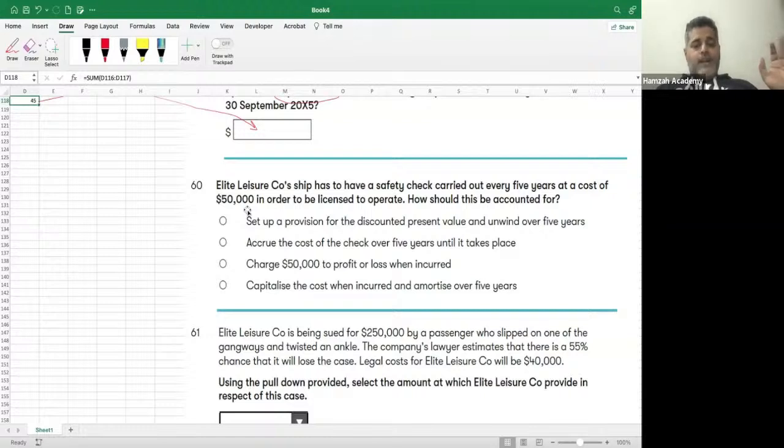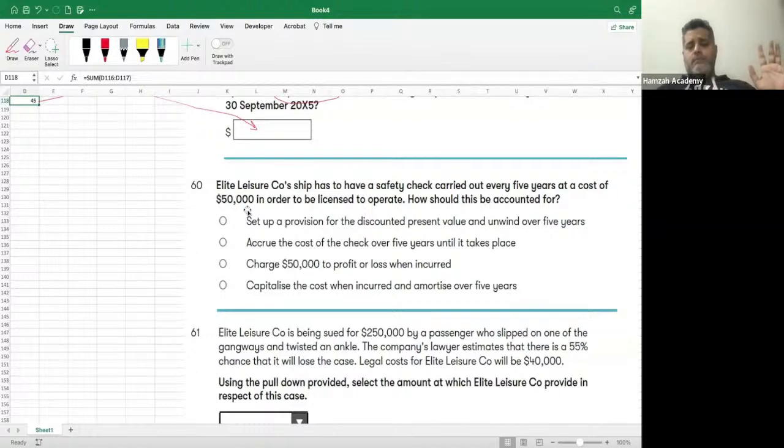Long story cut short, if you want to create a provision, then the event has to be from the past, or it has to relate to the past. Otherwise, you cannot.